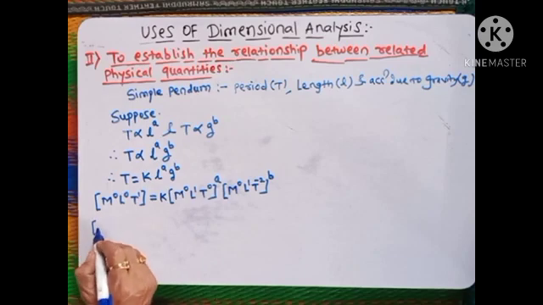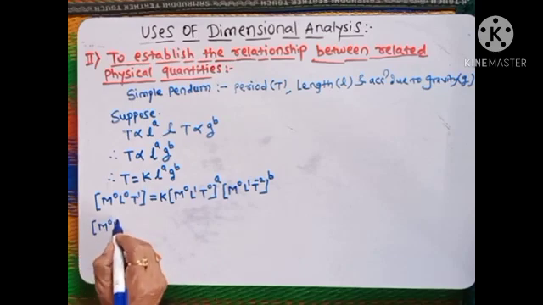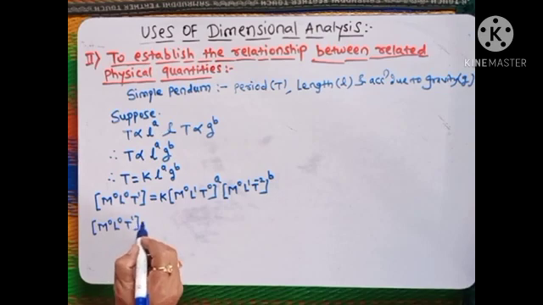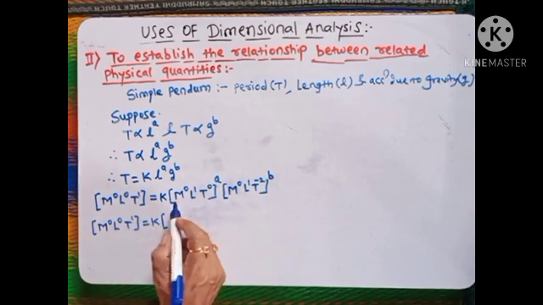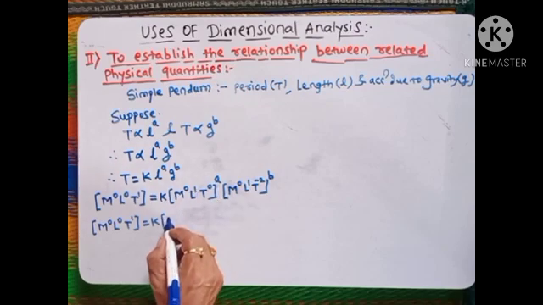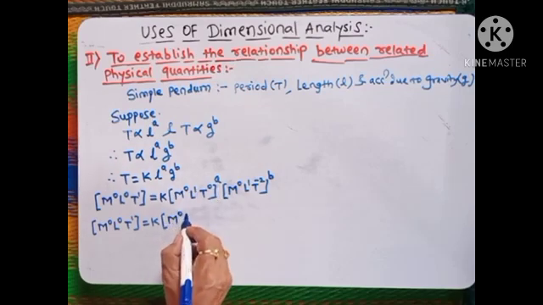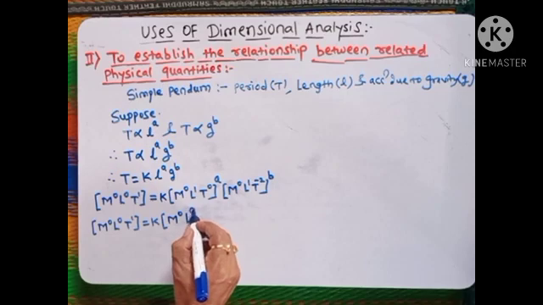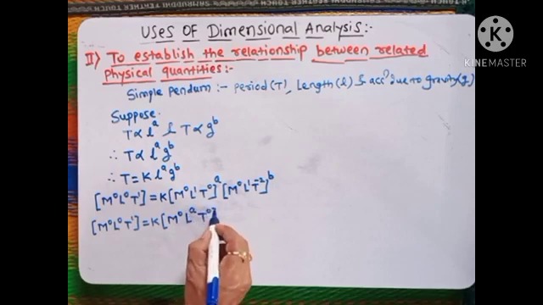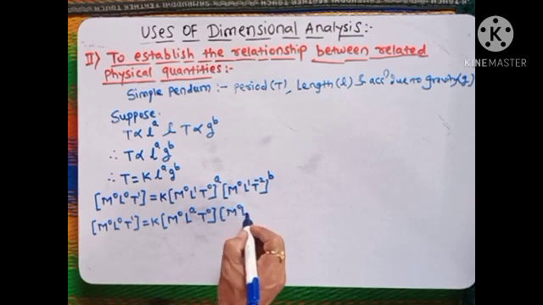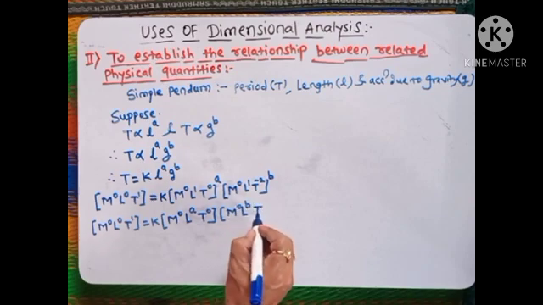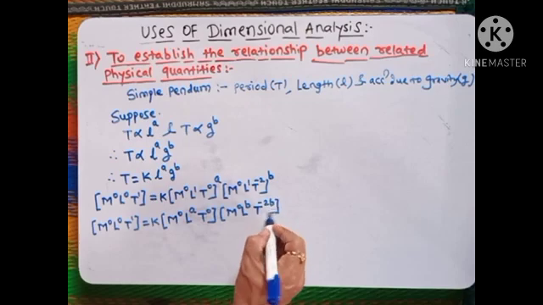Therefore, see here, M0 L0 T1 is equal to K as it is. We combine these: M0 raised to A, M0, L1 raised to A, I will write L raised to A, and T raised to 0. Again, M0, L raised to B, and T raised to minus 2B.